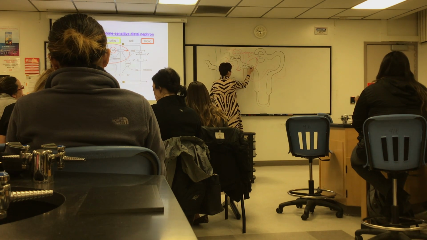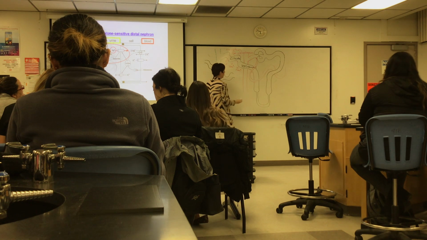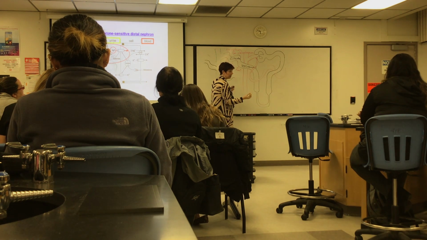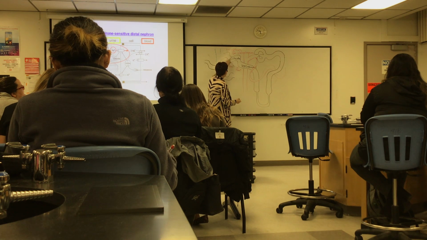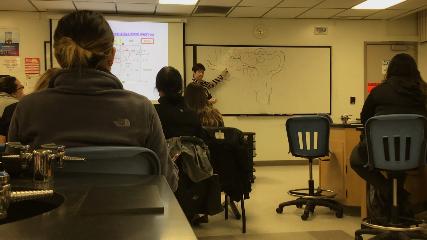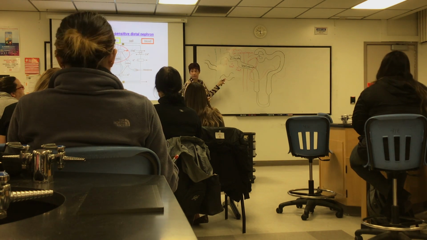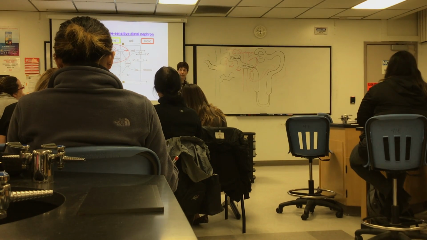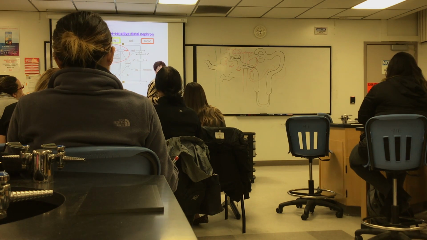So this is 100 milliosmoles, whereas the surrounding blood is 300, okay? If we remove more sodium, water's going to follow. So that's not going to change the osmolality of our filtrate, except, well, not for sodium anyway. It will make it more concentrated because we still have urea and other waste matter in there.